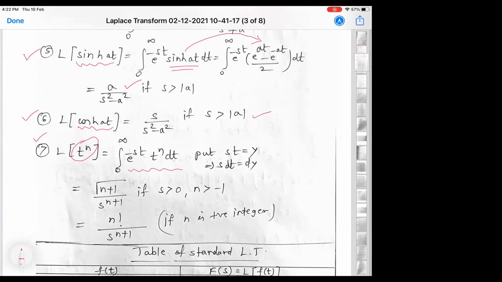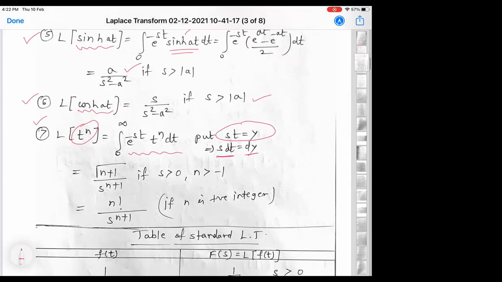Here one substitution you have to remember: st equals y. Therefore s into dt, differentiating both sides, the right hand side gives dy. This is a standard tool of integration.